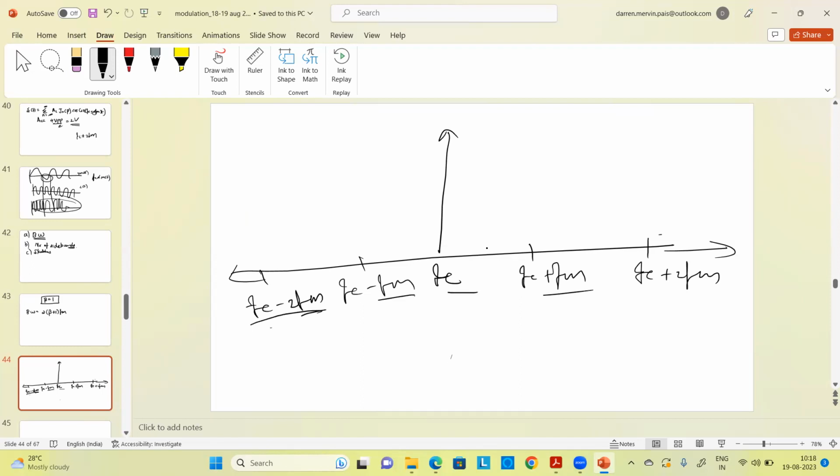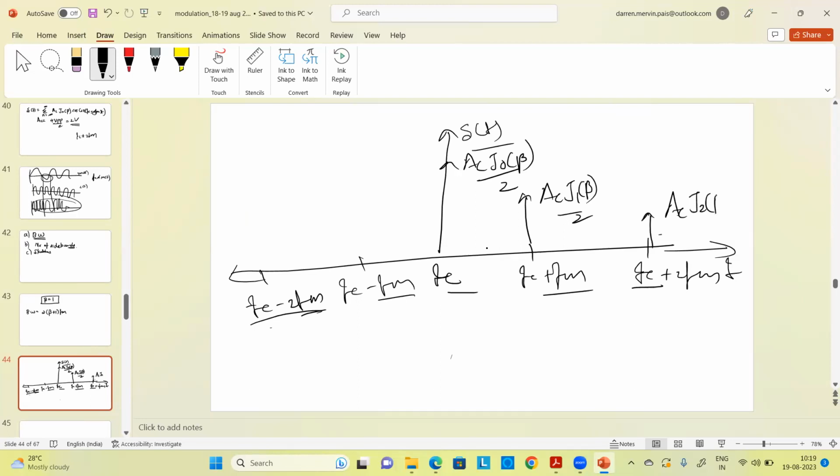Any doubts in this, Jerry? Why did we draw it this way? Why only 2 and all those things? You can ask me. No, it's clear. Now, as I told you last time, this value indicates Ac J0(beta/2). This indicates Ac J1(beta/2).